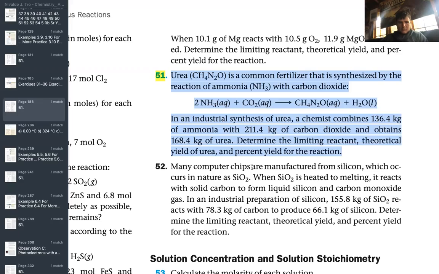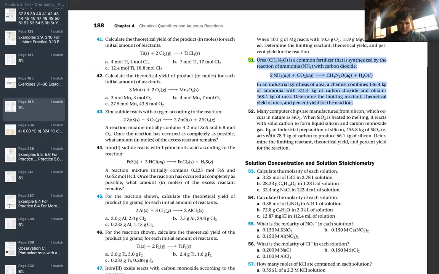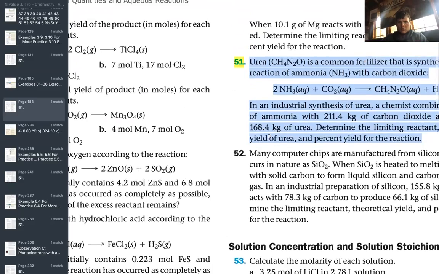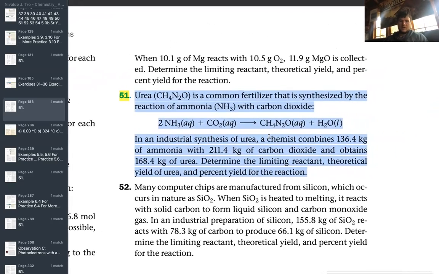In this one, we'll be going over a TRO textbook problem covering the limiting reactant, theoretical yield, and percent yield. The problem is problem 51 from chapter 4. It reads that urea is a common fertilizer that is synthesized by the reaction of ammonia with carbon dioxide.